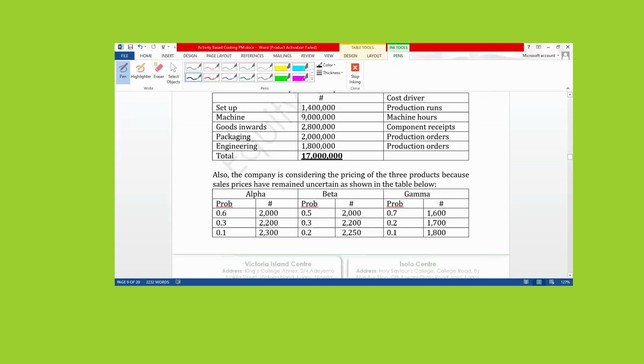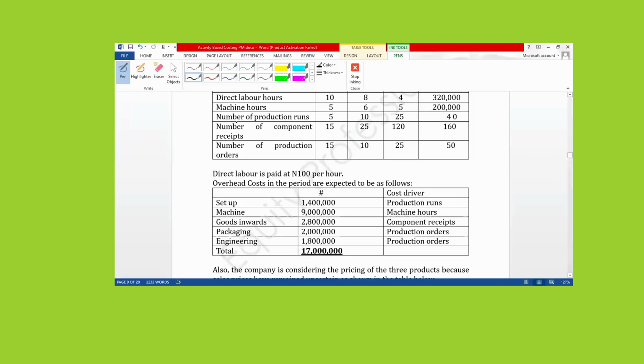Look at it here. So total production runs. Let's go and check. Number of production runs for alpha 5, for beta 10, for gamma 25, totaling 40.